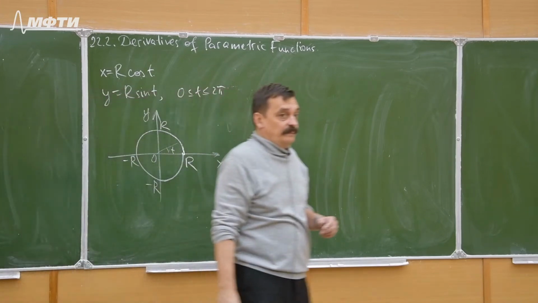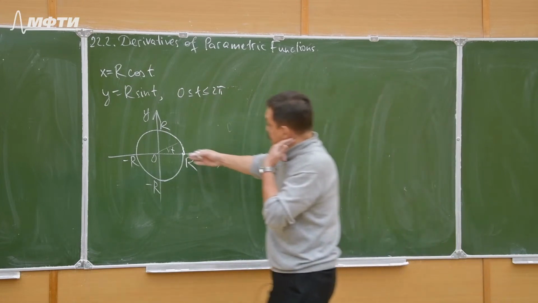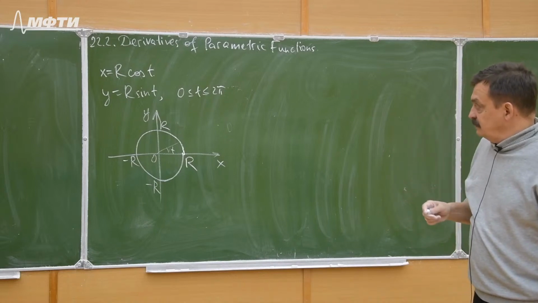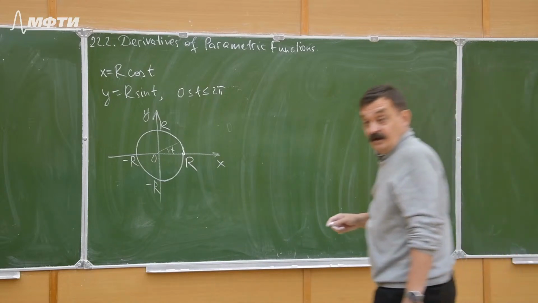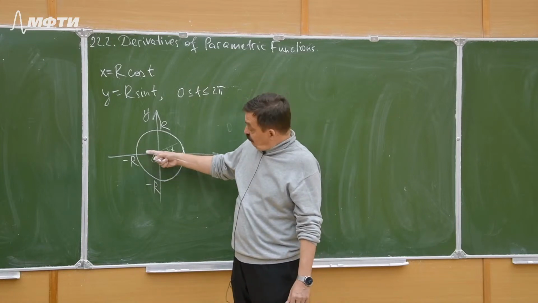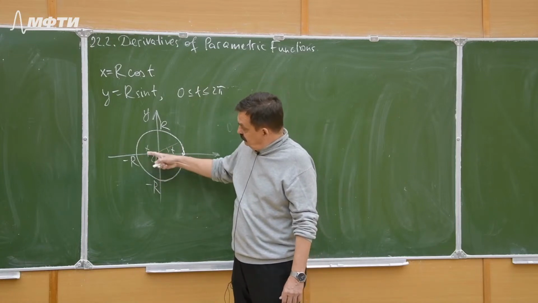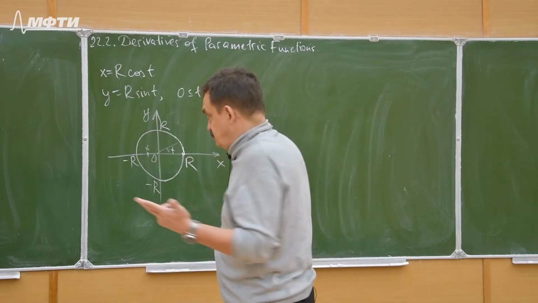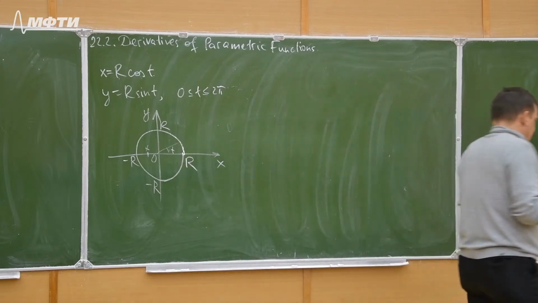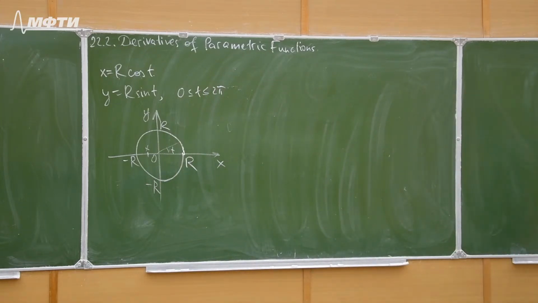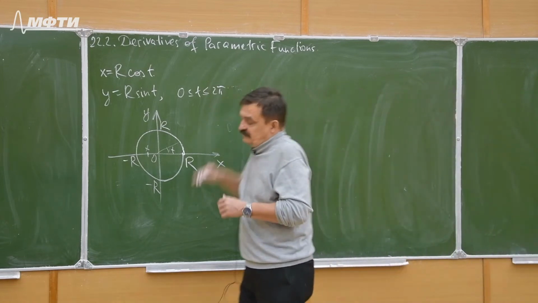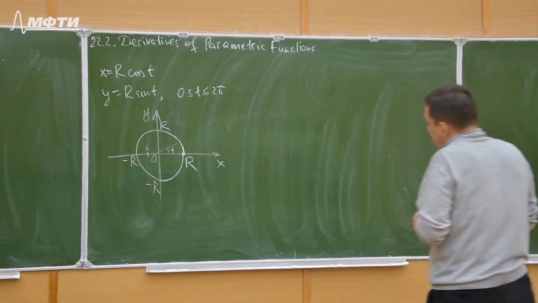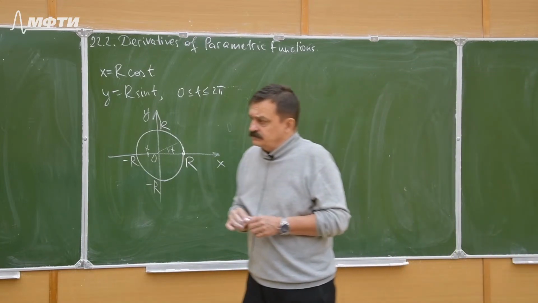So the graph of this function is this circle, which is not a function, right? Because for one value x here, it corresponds to two values of y, right? So this is not a function in the sense of the definition of a function. But traditionally, it is called parametric functions. That is quite usual.